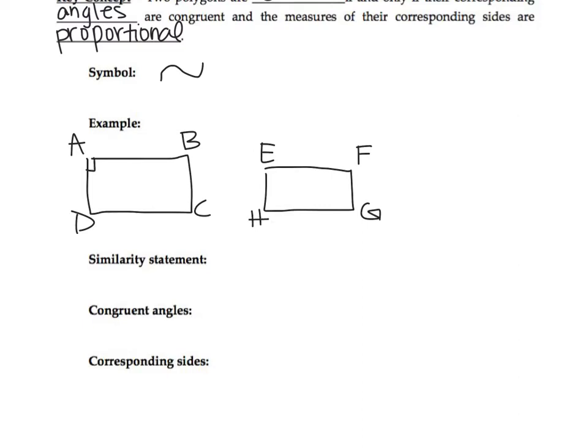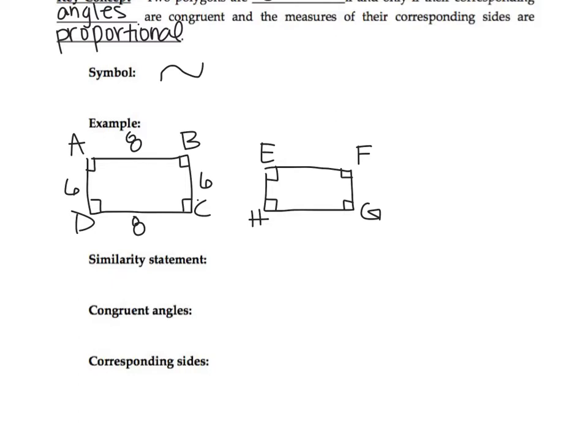In a rectangle, we know all angles measure 90 degrees. And then we're going to have, let's say, sides AB and CD have length 8, and BC and AD have length 6.